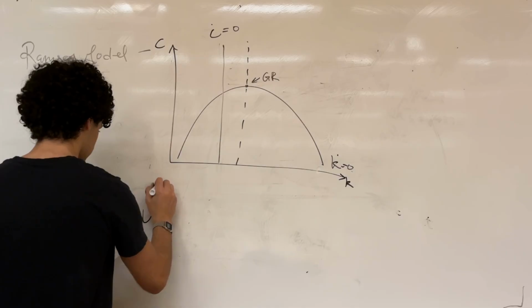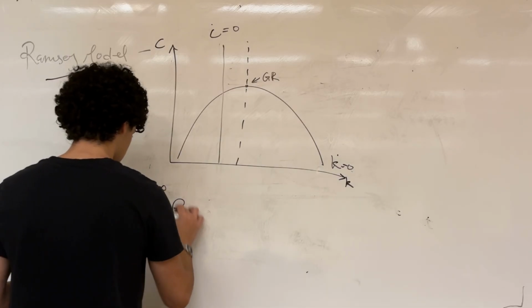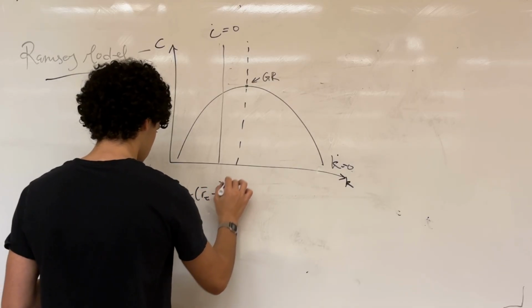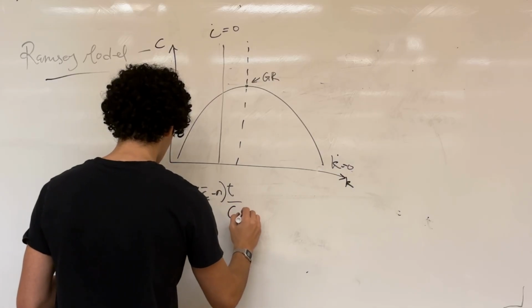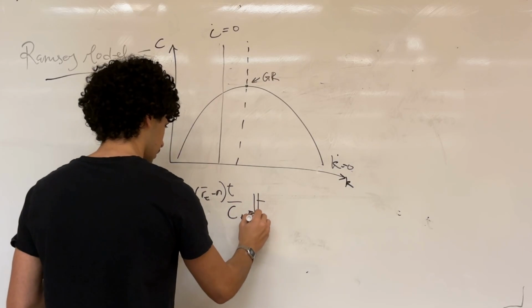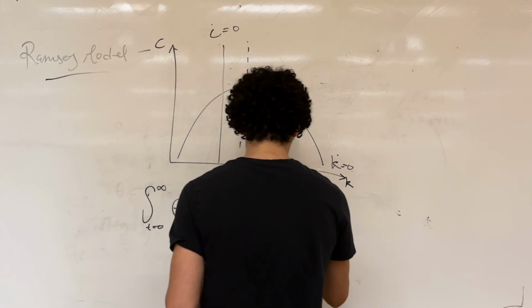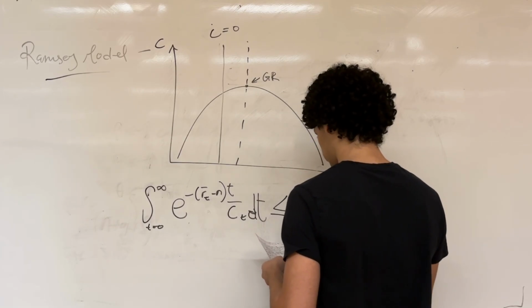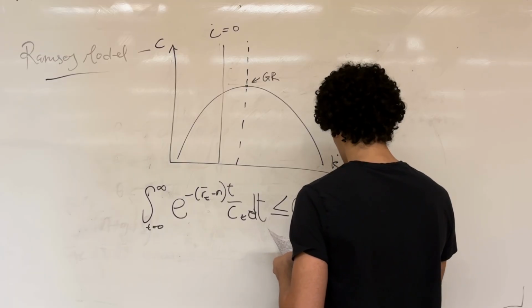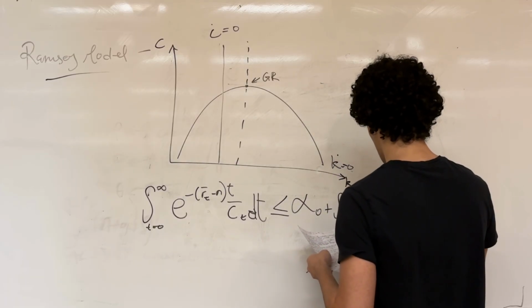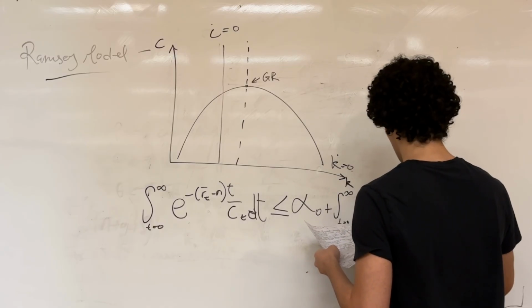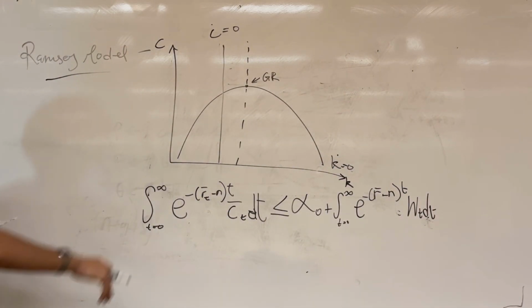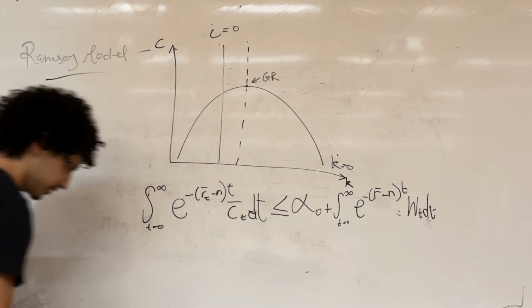So, infinity equals 0. This fits on the screen. So this is our resource constraint.